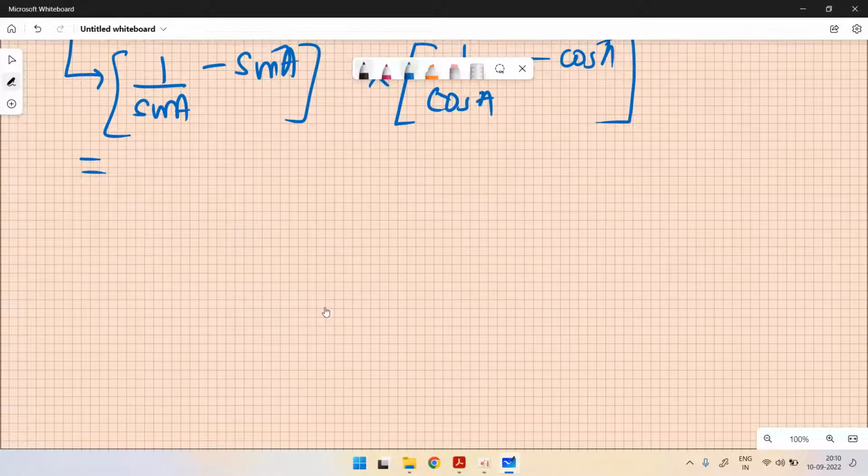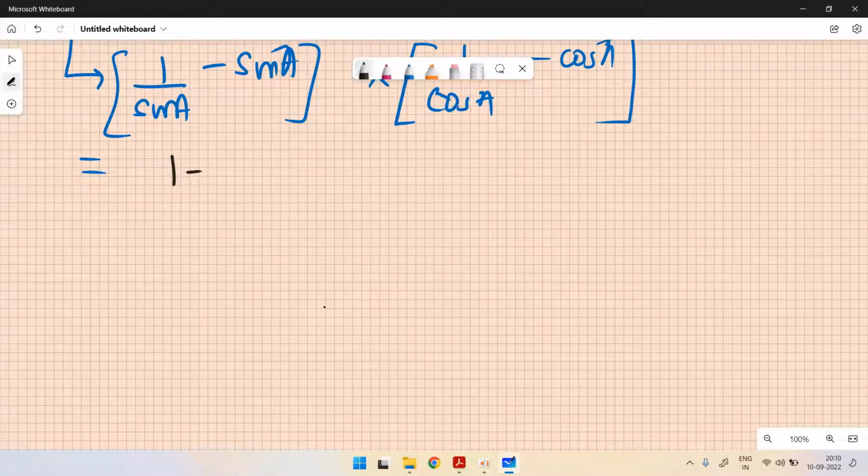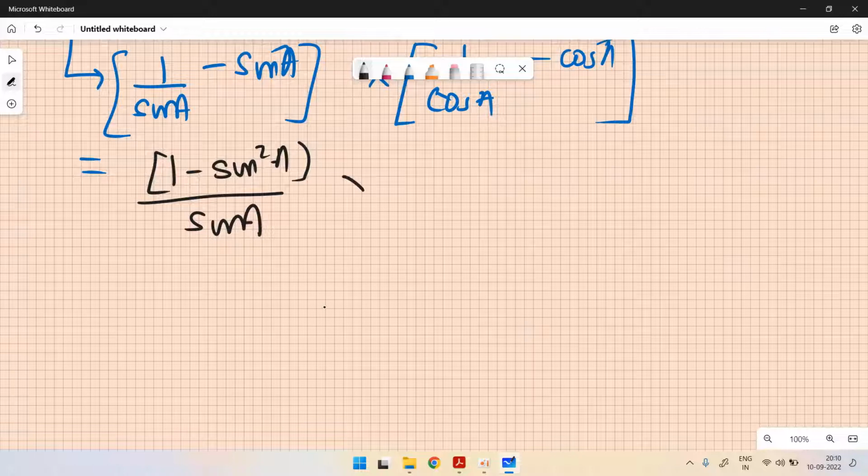So your expression will become 1 minus sine square A by sine A into 1 minus cos square A by cos A.